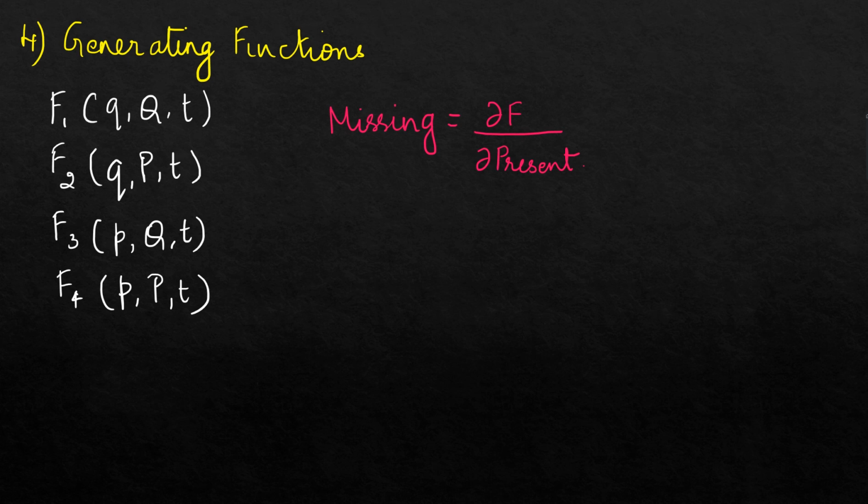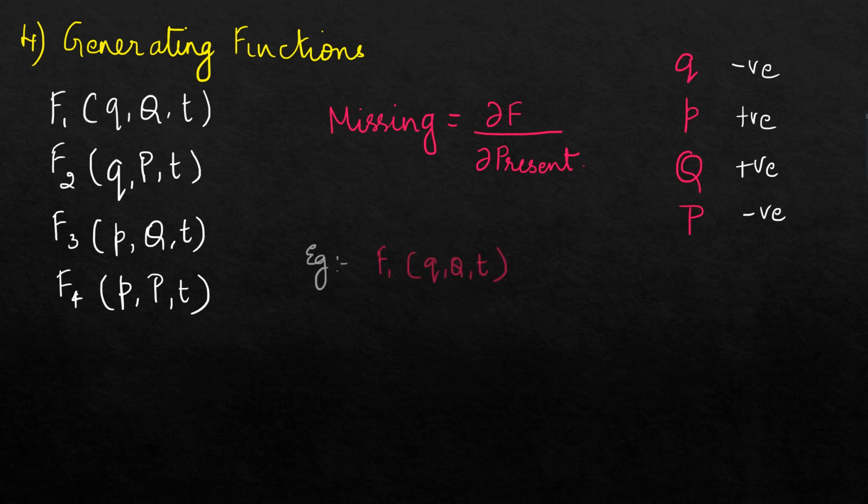We can use this: missing is equal to dF by d present. Also we have to remember the sign, that is, which is positive and which is negative. Here is the answer. For small q and capital P, we have negative signs, and for small p and capital Q, we have positive signs. So we will see one quick example.